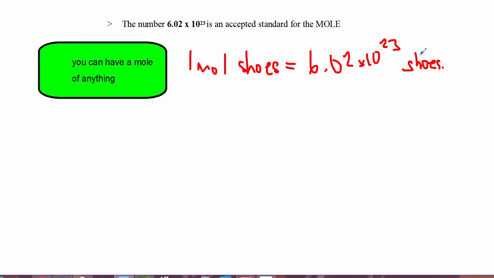You can have a mole of anything. If you had a mole of jelly beans, which again would be an absurd number of jelly beans to actually have, it would cover a large part of the earth. 6.02 times 10 to the 23 jelly beans is how many you would have.